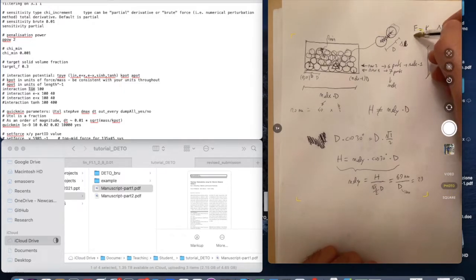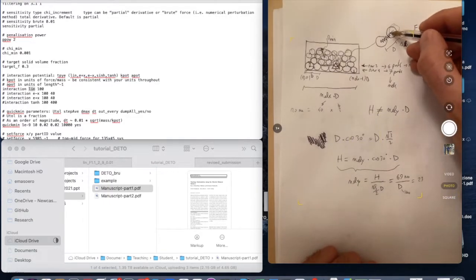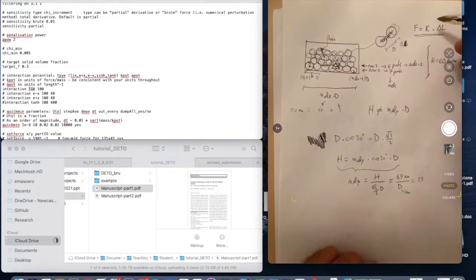So this simply defines a linear spring between the two particles. Once the code knows this force, then it can compute the vertical and horizontal components and it can make the particle move accordingly to follow the force.